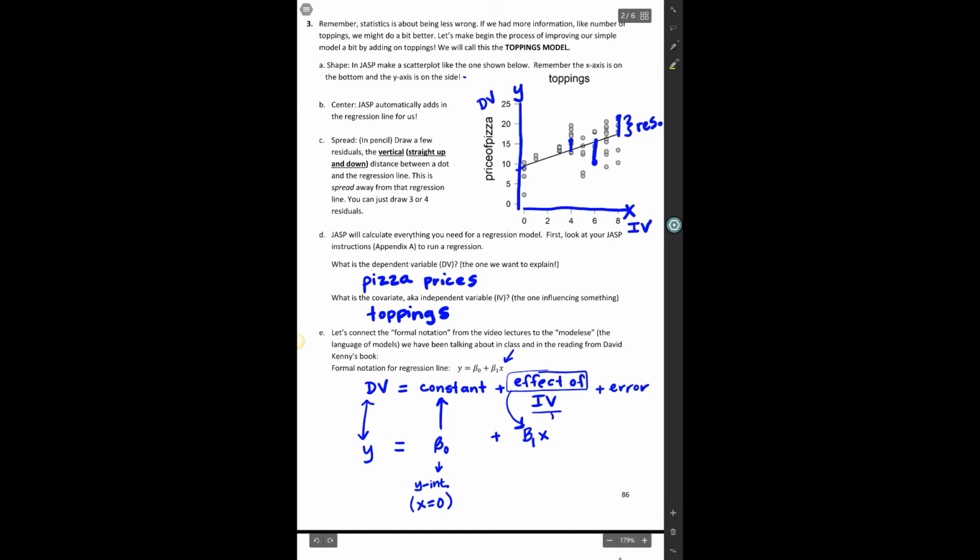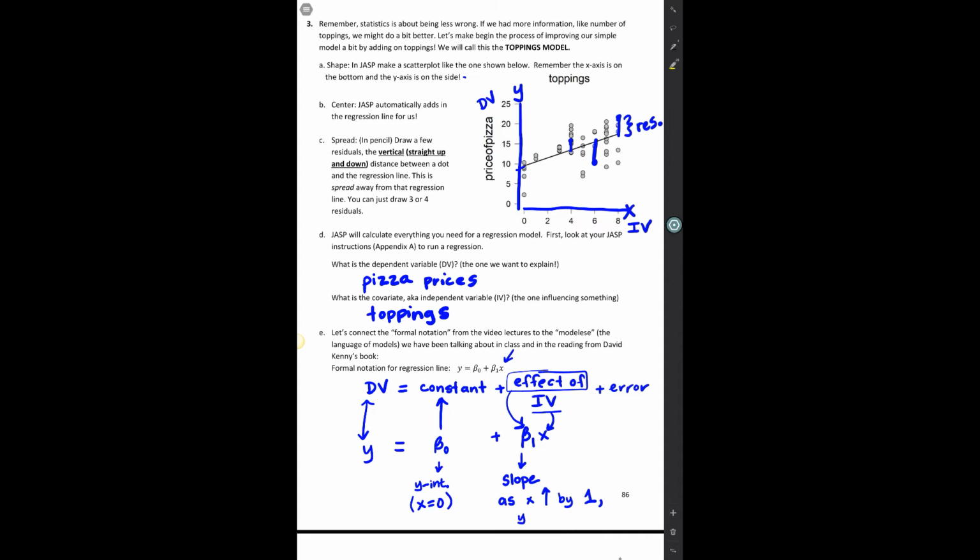Whatever we have for our independent variable, we plug it in for x, and then it will have this much effect, b sub 1, on our y. This b sub 1 is the slope of the line, meaning that as our x value goes up by 1, then our y changes by that much, the b sub 1 number.